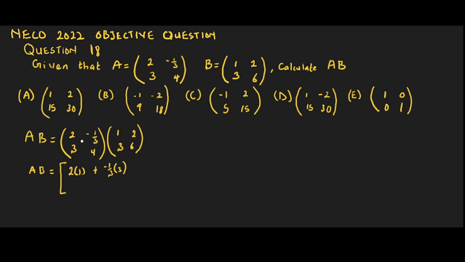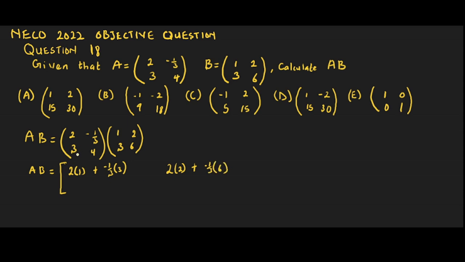We take 2 multiplied by 2, plus minus 1 over 3 multiplied by 6.